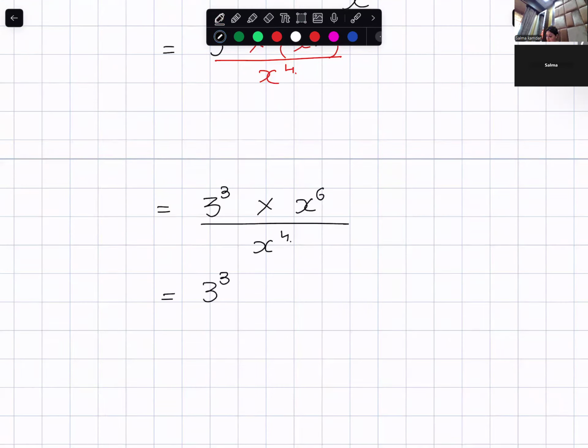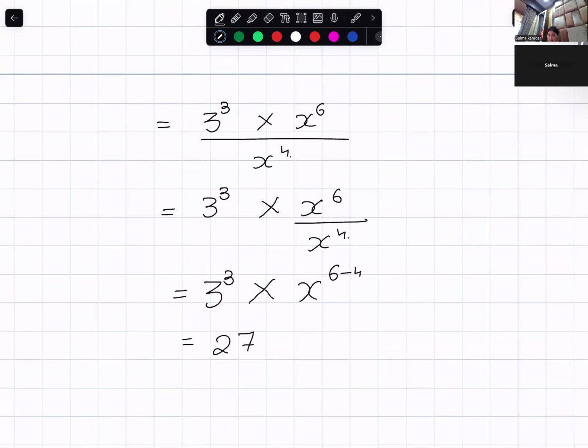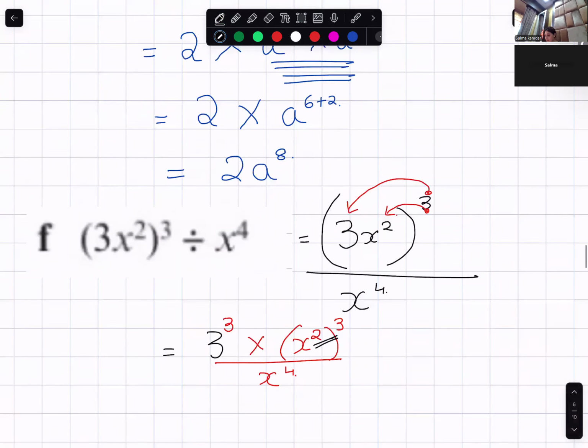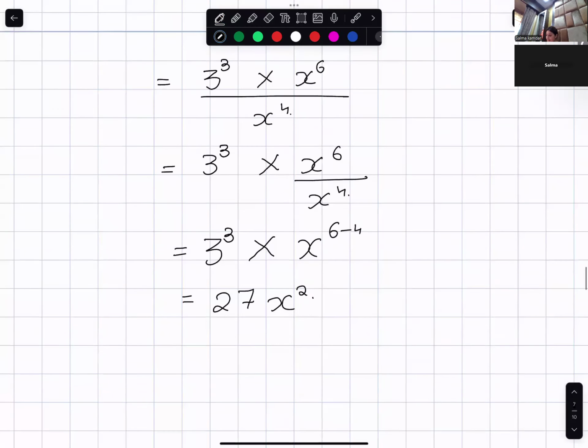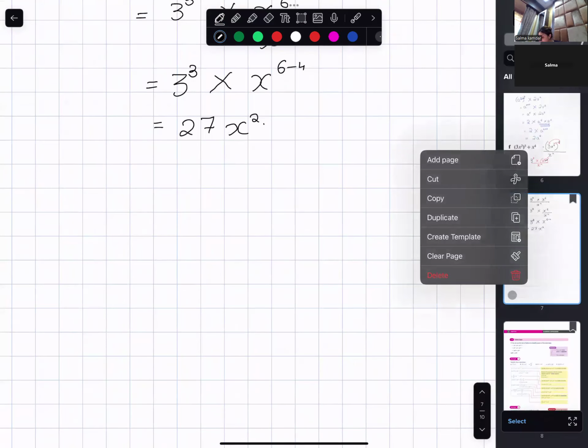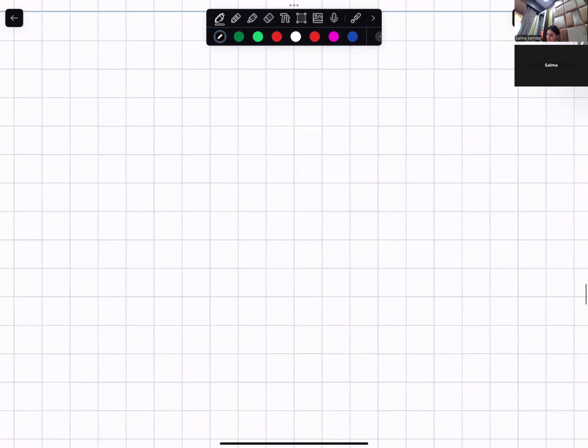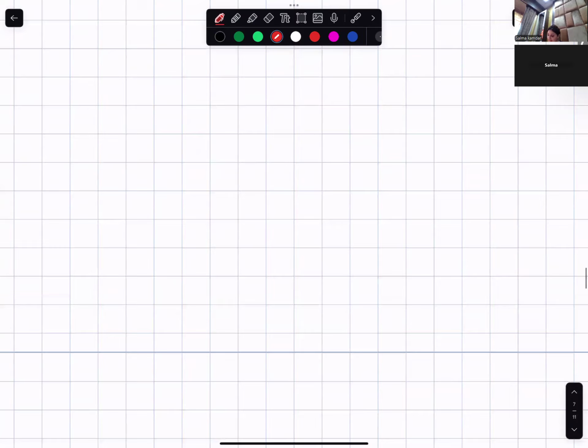So it would be 3 cubed multiplied by x to the 6 upon x to the 4. So this would be 3 cubed. Base is the same. x raised to 6 minus 4. 3 cubed is nothing but 27. This will be 27x raised to 2. Please remember, to apply the law of indices, the base has to remain the same.